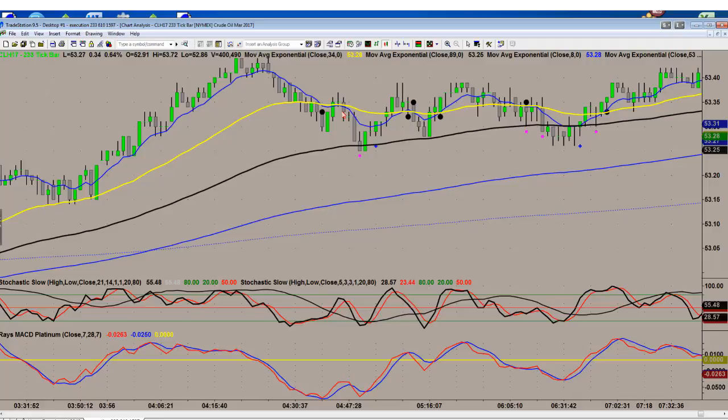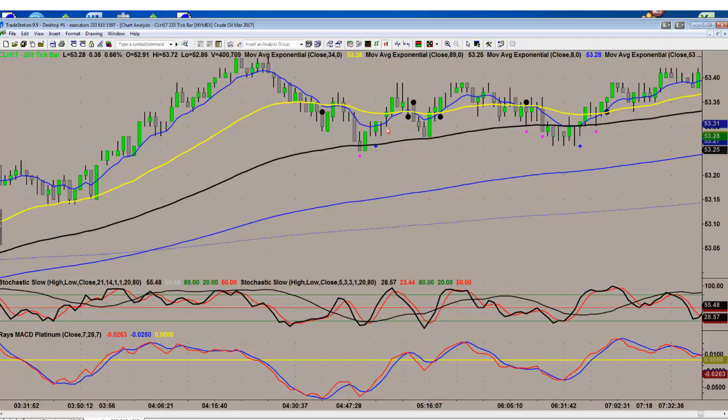Now you're looking at an 89B. What do I take? I have a short here, and within 5, 6, 7 cents, I now have an 89B. I have a close, and that's what that little dot is.